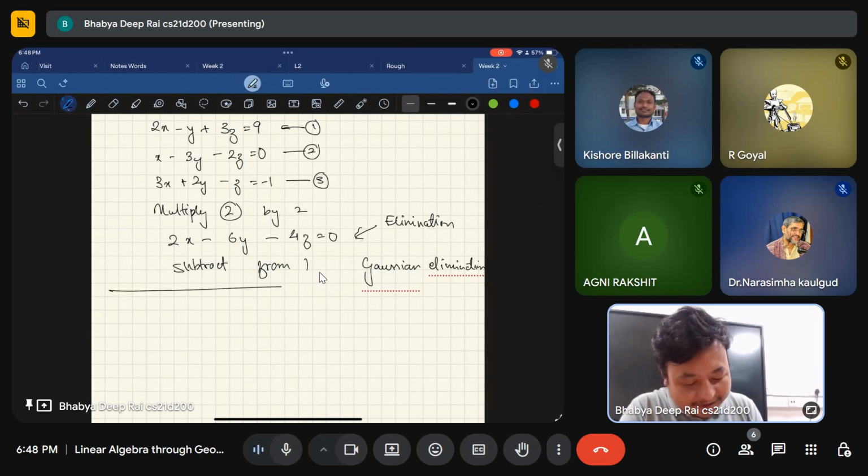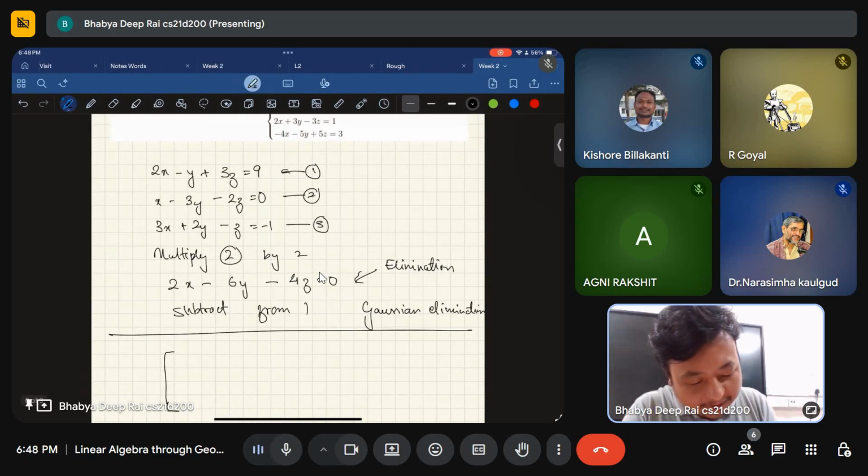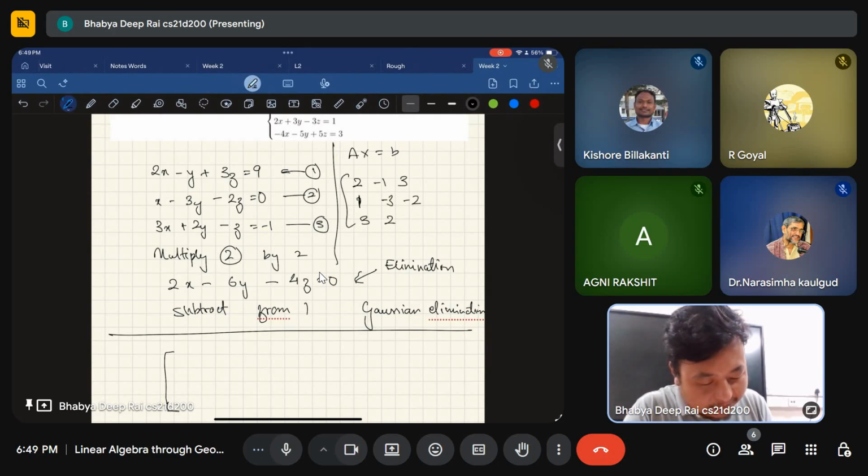So what we do in Gaussian elimination is we write what is called the augmented matrix. If we want to write it in terms of AX equals B, we write this as 2, minus 1, 3, 1, minus 3, minus 2, 3, 2, minus 1, and this is the A matrix, which is also called the coefficient matrix.